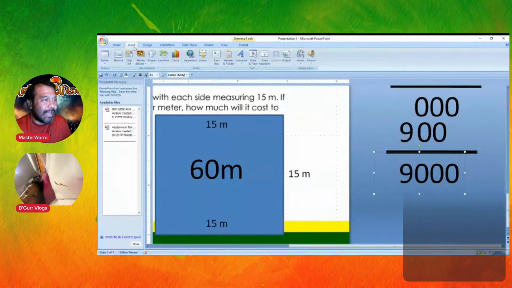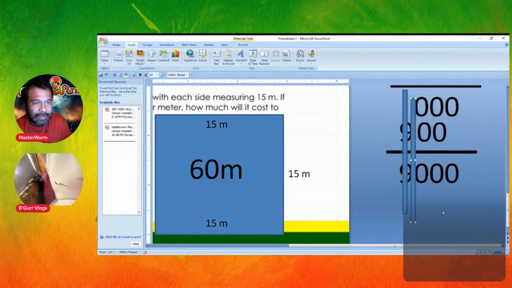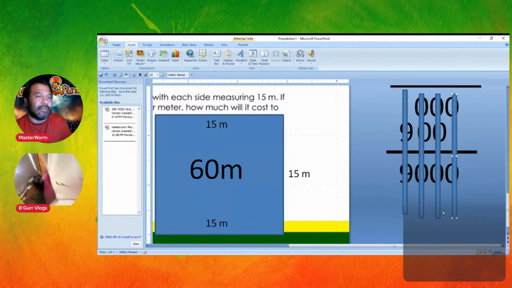You see the line? This is one line here. This is one line here. This is one line here. And one line here. Okay, did you get that? Yes, Daddy. They belong to one line. So it means it's going to be a 4-digit number.